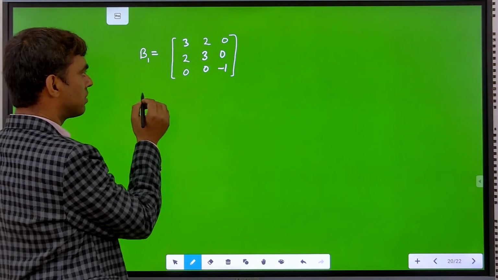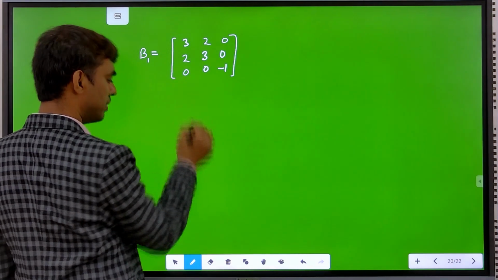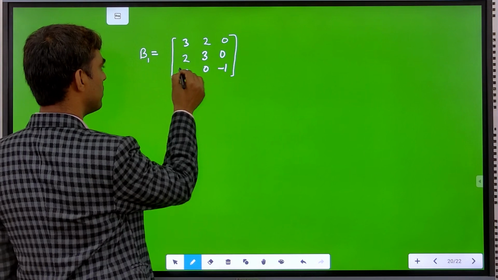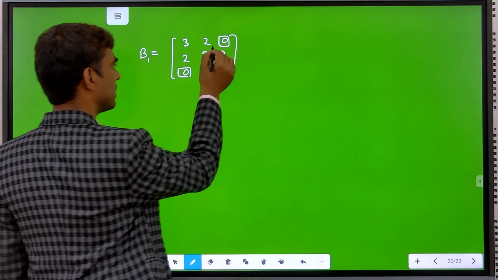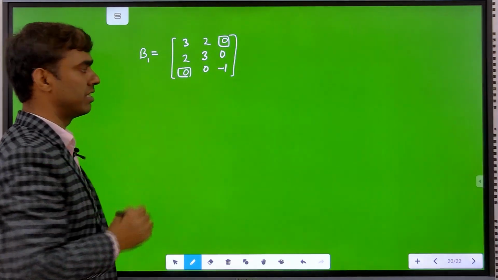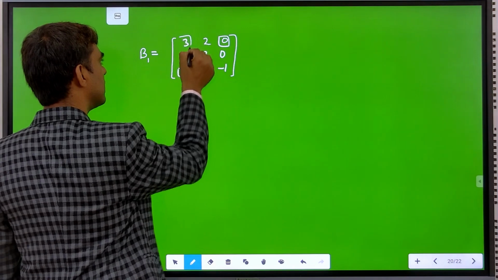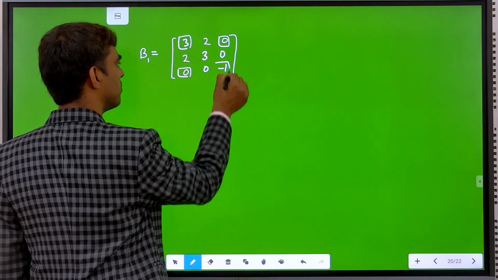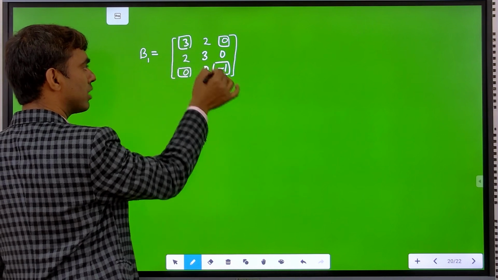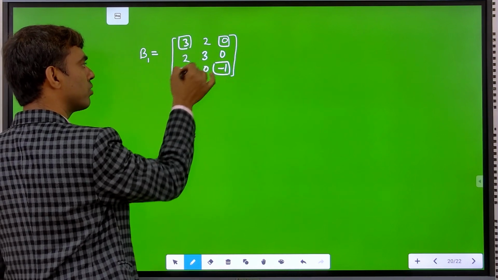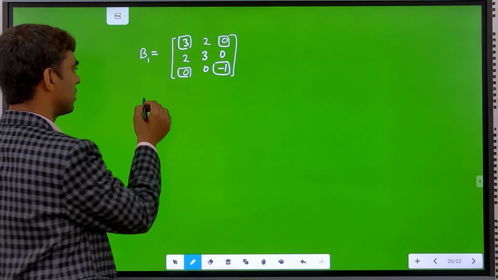If you closely observe, this element equals 0, this element equals 0, this element equals 0, meaning Aik and Aki. We consider this submatrix, and in this submatrix only the diagonal elements are not 0; the off diagonal elements become 0.